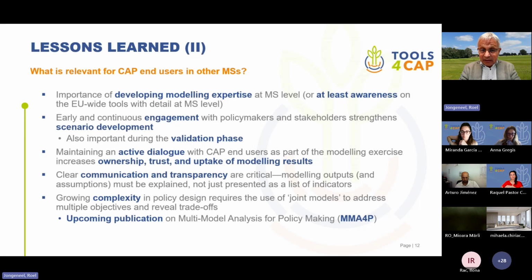Maintaining an active dialogue with the CAP end users is an important thing. So we try to be active in the policy debate, which then also often opens up possibilities for providing information.